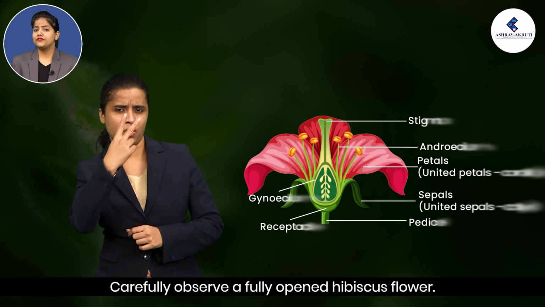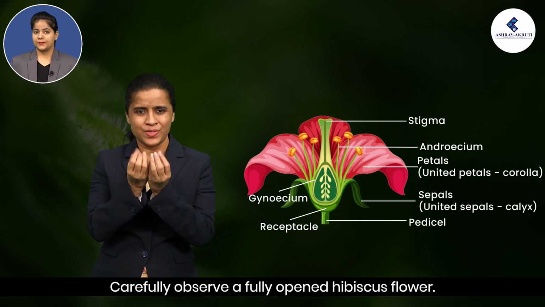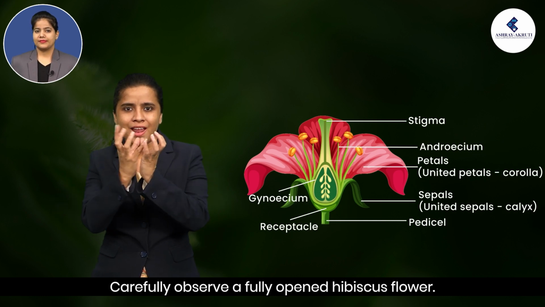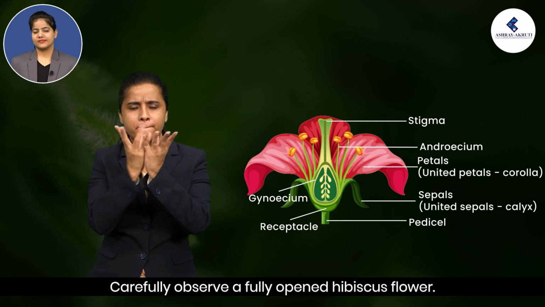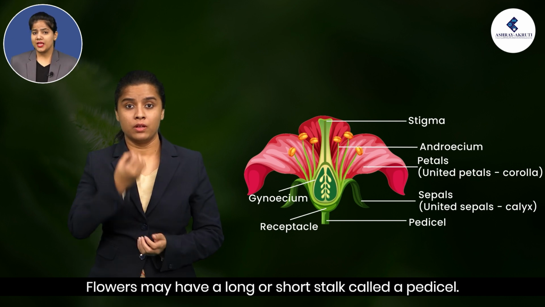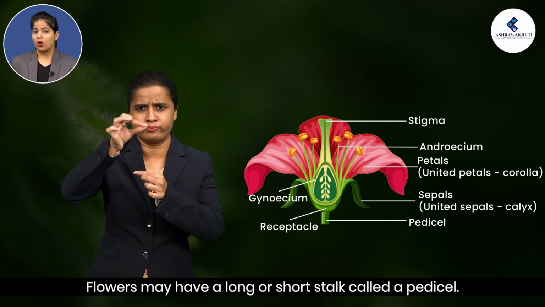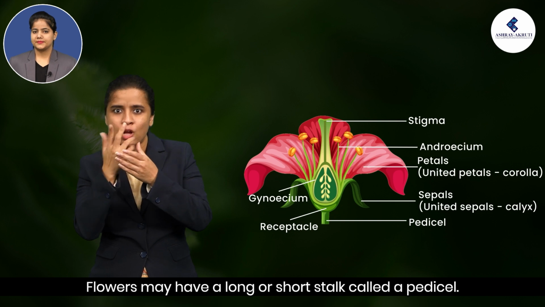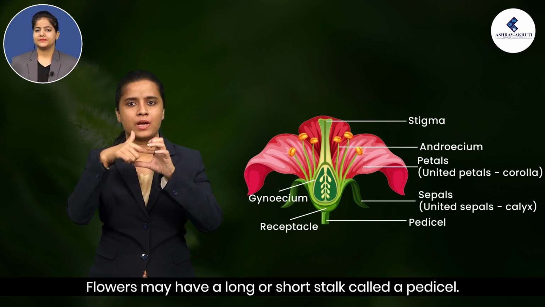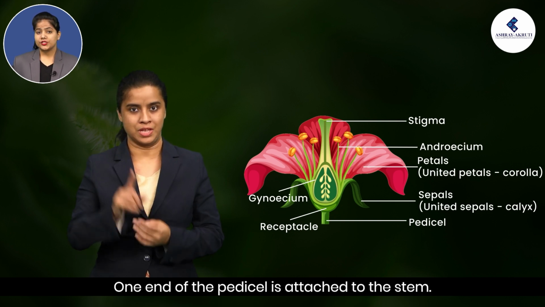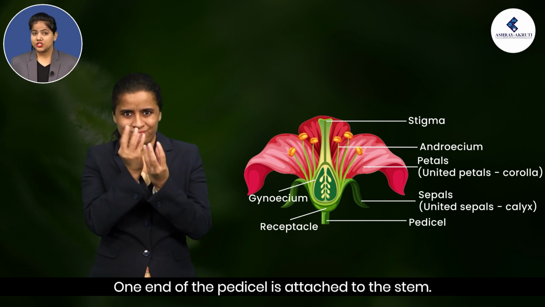Carefully observe a fully open hibiscus flower. Flowers may have a long or short stalk called a pedicel. One end of the pedicel is attached to the stem.